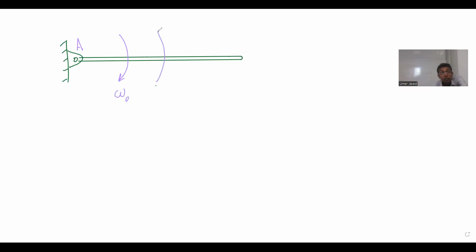This was the question we did. And this distance was total 3 meters for this rod.